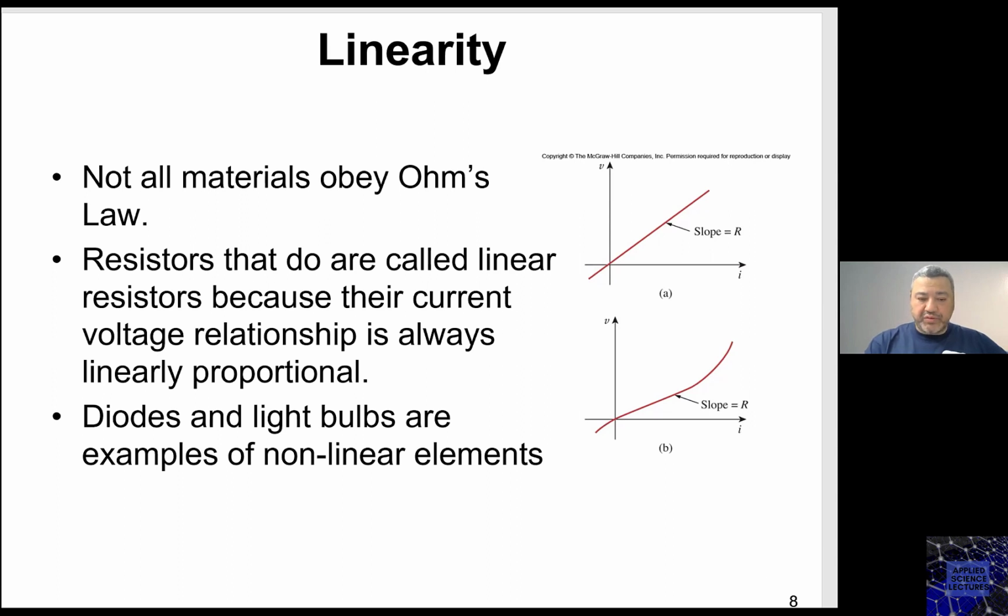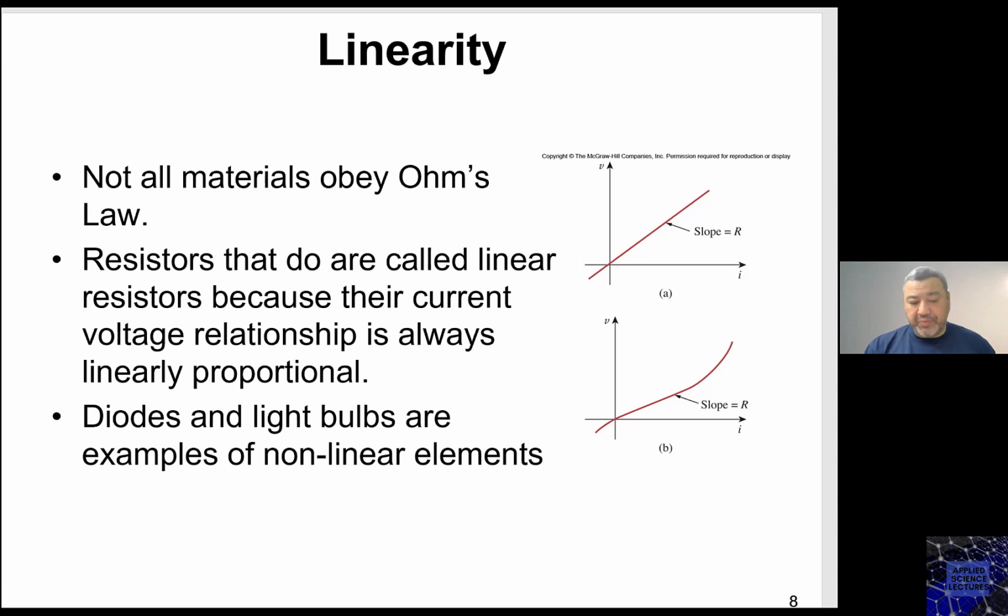However, once you push this resistor beyond the safe range of operation, the resistance is going to change and this may result in damaging the resistor. In this case, you will be operating it beyond the maximum power dissipation that those resistors can handle. But here in this course, our resistors are linear.